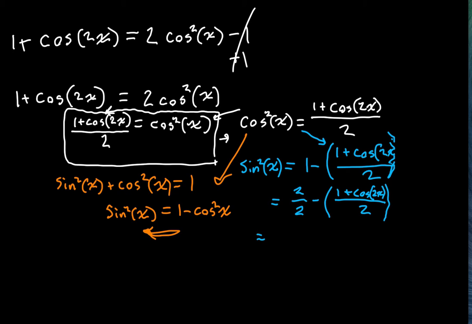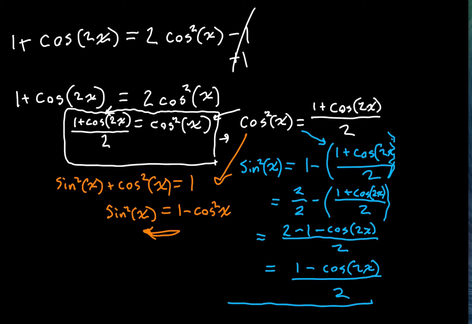That's the same as (2 minus 1 minus cosine of 2x) divided by 2, or (1 minus cosine of 2x) divided by 2. And this is our formula. I'm going to write it out. Sine squared of x is equal to (1 minus the cosine of 2x) divided by 2.